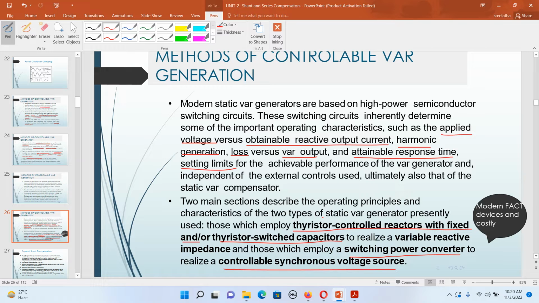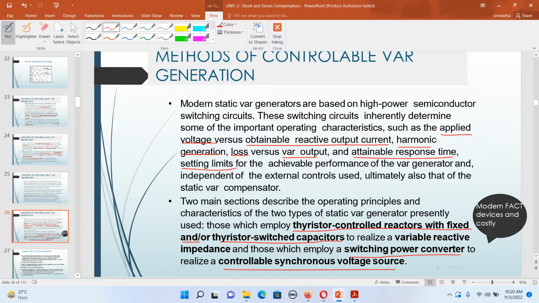Okay, and then a static generator gives us different operating characteristics based on which we design our compensator. The basic thing we have to do here is design a compensator. So for that we need to know the VI characteristics. What are the VI characteristics? Applied voltage versus obtainable reactive power input.